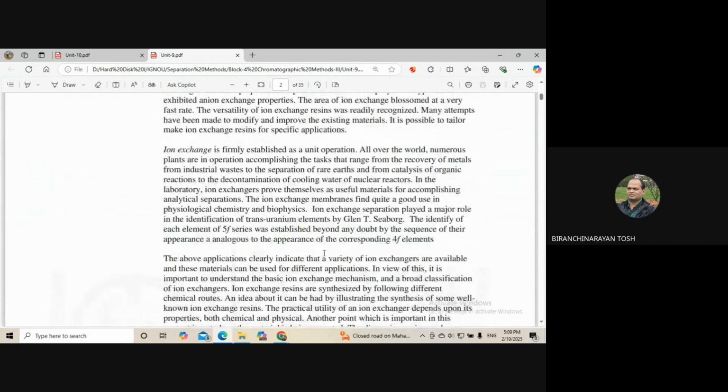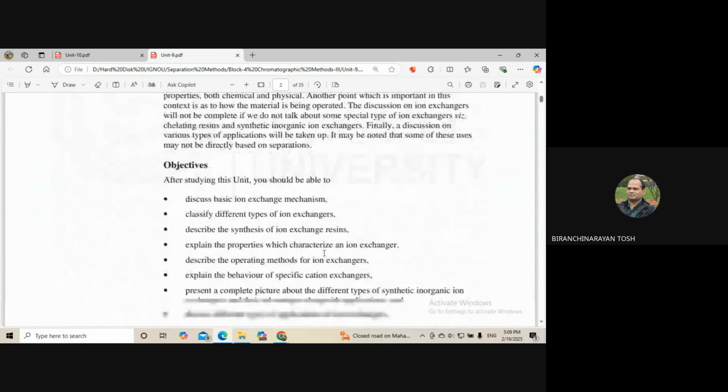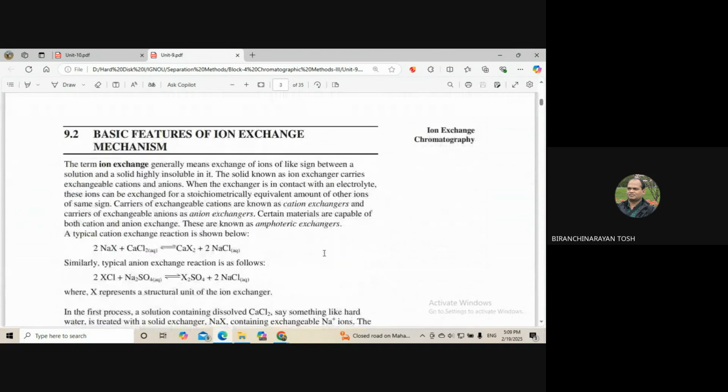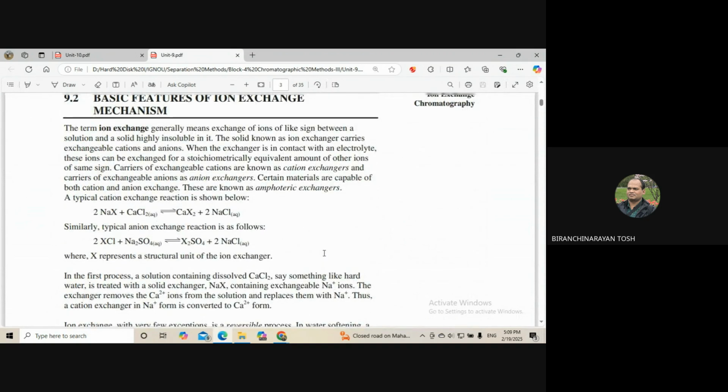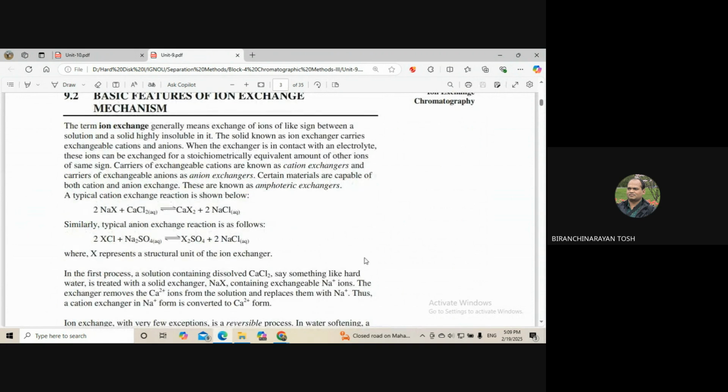So, basic features of ion exchange mechanism. The term ion exchange generally means the exchange of ions of like sign between a solution and a solid highly insoluble in it.